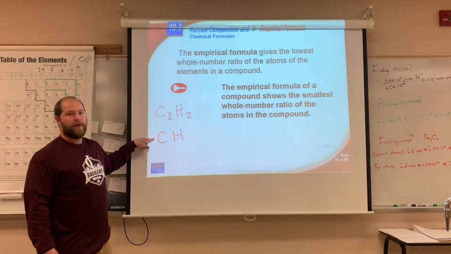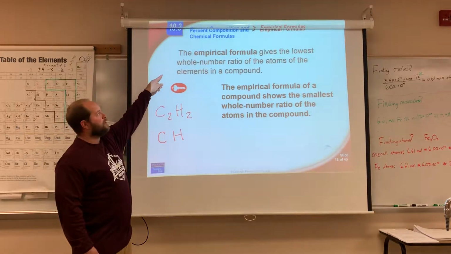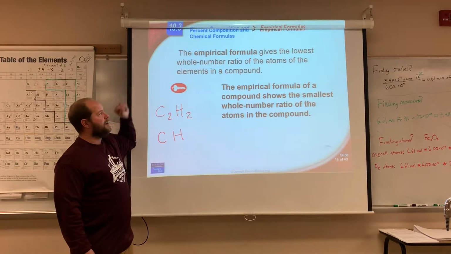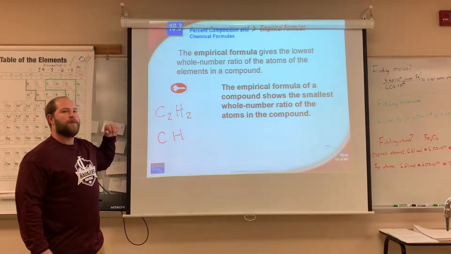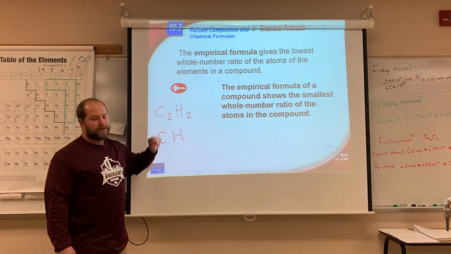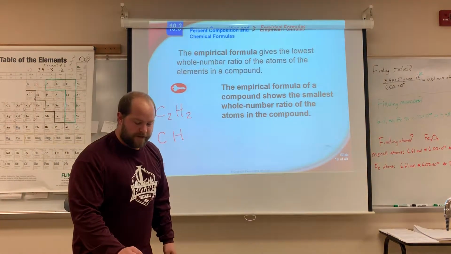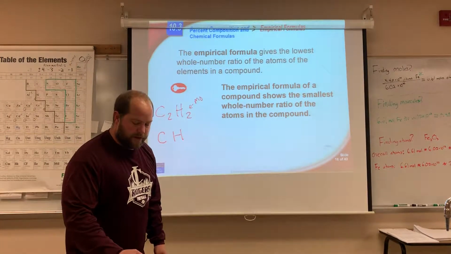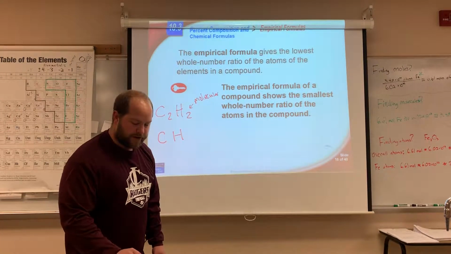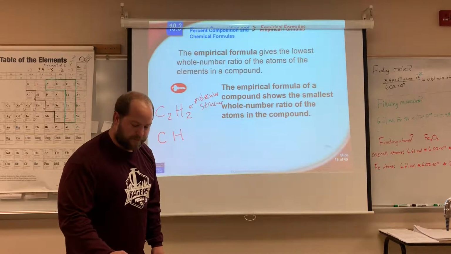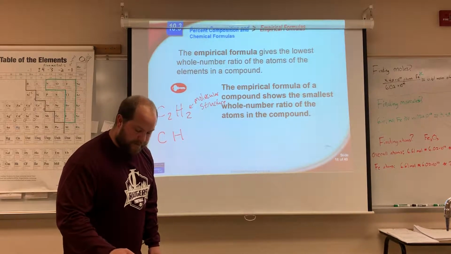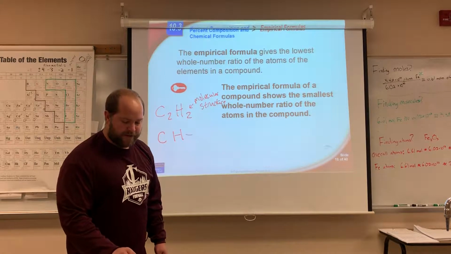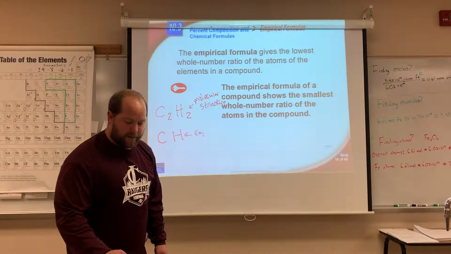The empirical formula is the lowest whole number ratio of the atoms of the elements in the compound. So C2H2 is the actual molecular formula, and CH is going to be the empirical formula.